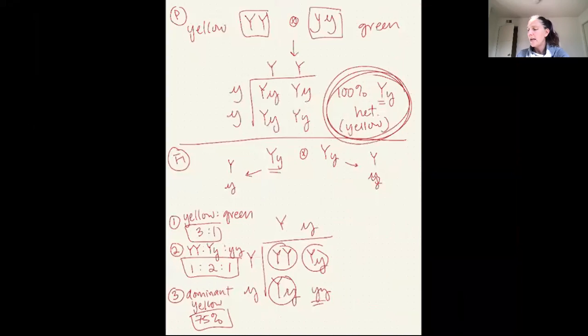What is the chance of seeing a recessive phenotype? The recessive phenotype is the one that is hidden in that first cross, and then reappears when you cross the two heterozygotes. So in this case, it is going to be green, and it is a 25% chance.